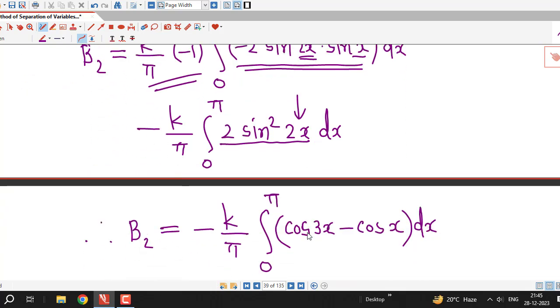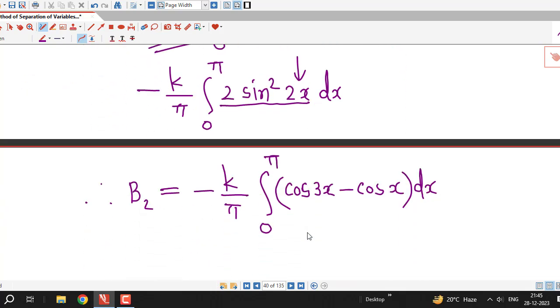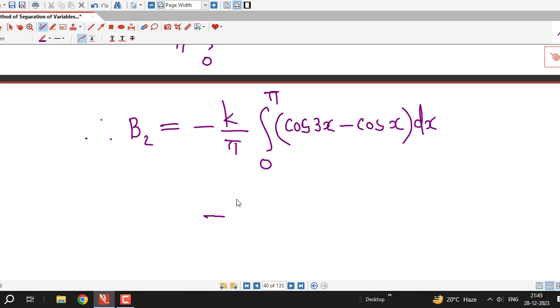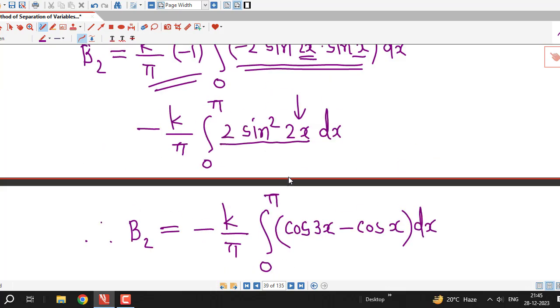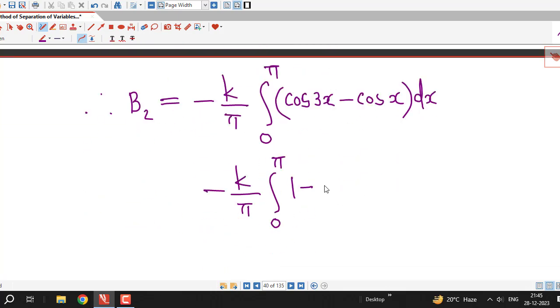So minus k divided by pi integral from 0 to pi, 1 minus 2 sin square 2x is 1 minus cosine of 4x, 1 minus cos 4x integral with respect to x. Now integral of this is sin 3x by 3 minus sin x.